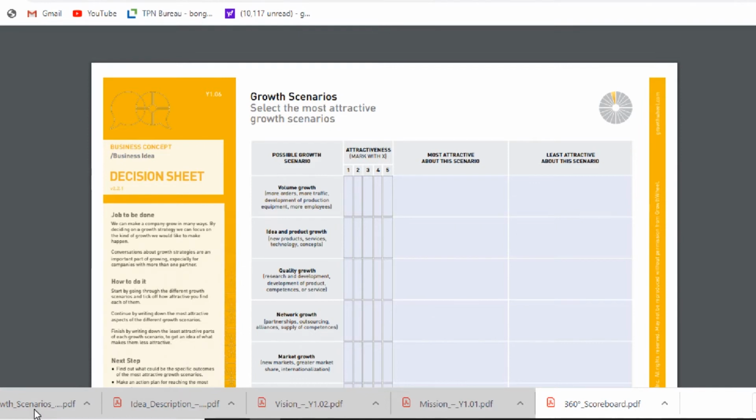Network growth meaning that you need to network with certain people or with certain companies to be able to sell your products, meaning you form partnerships. So this company, maybe in this particular province, come take some of my products, go and sell them there, but it's companies that are within your space.